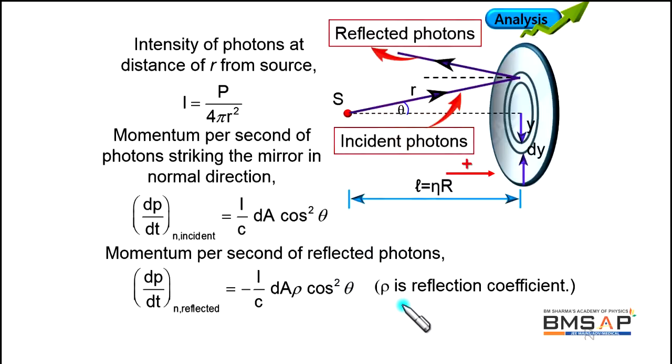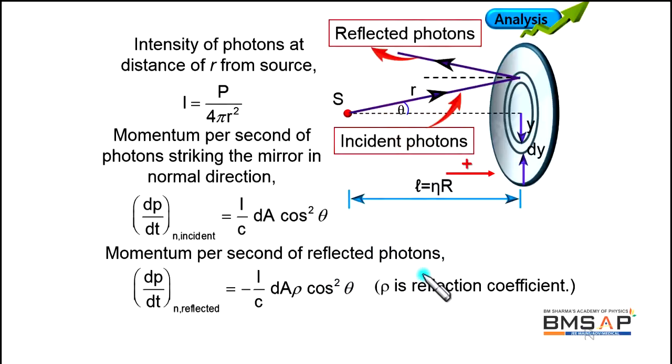If it is 1, that means 100% of the radiation is reflected back. If rho value is 0, that means radiation is absorbed by the plate, okay, and the negative sign is because radiation is reflected back. So this is the momentum per second reflected by the plate.